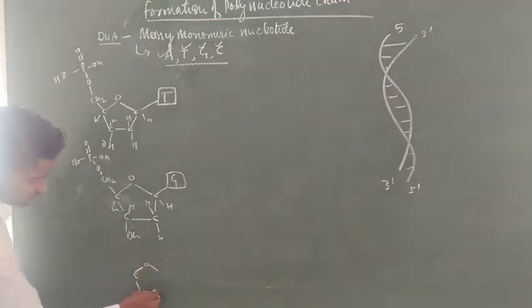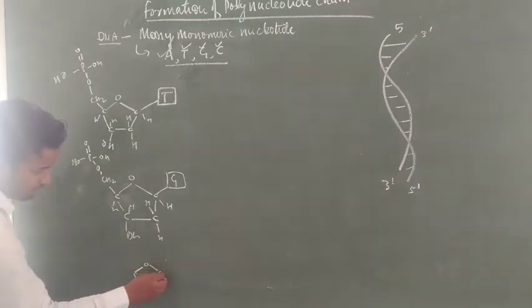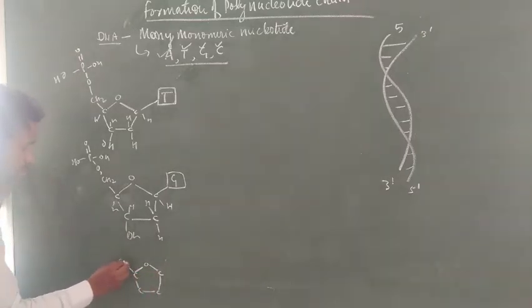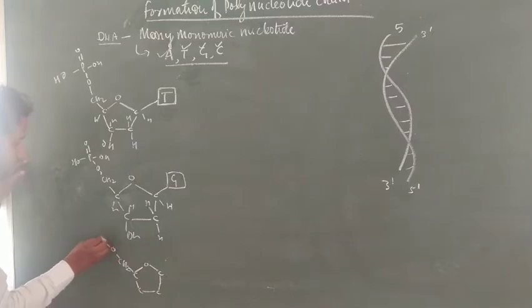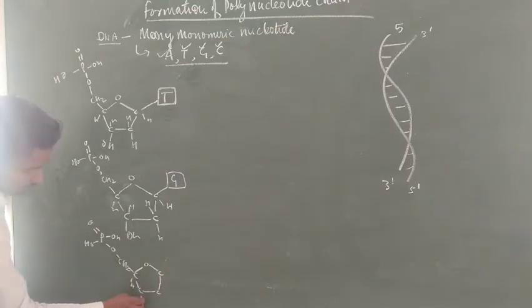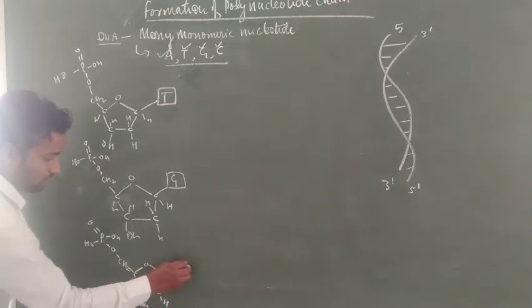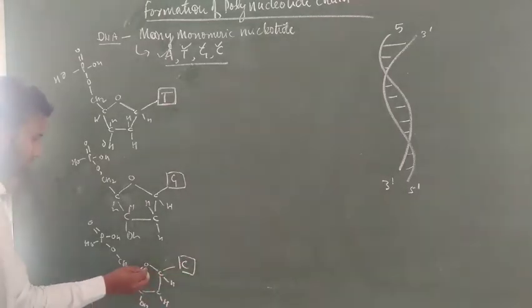Carbon, CH2O, phosphorus, OH, double bond O, OH. Cytosine.